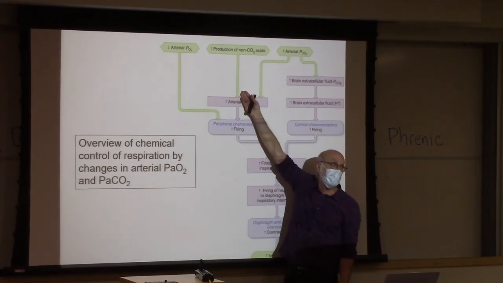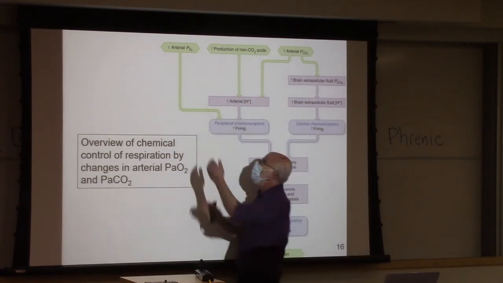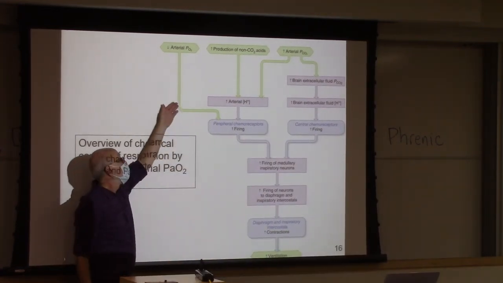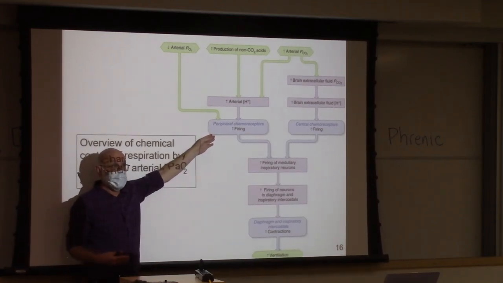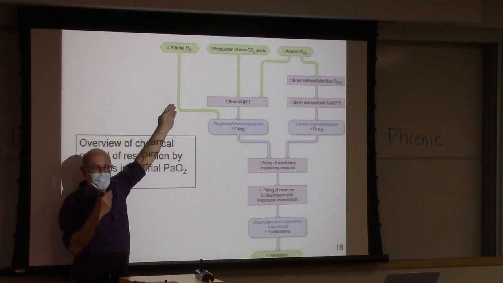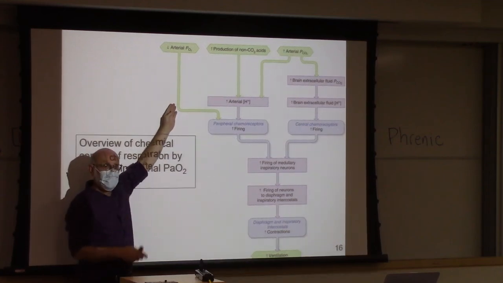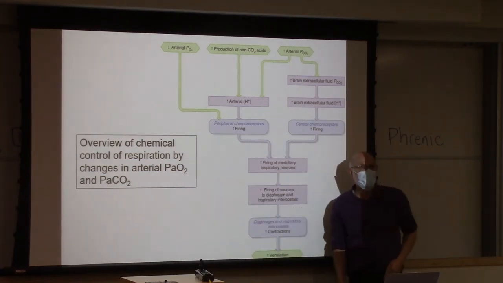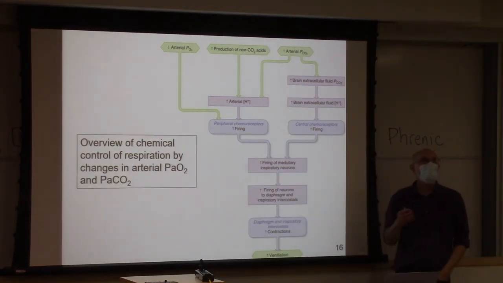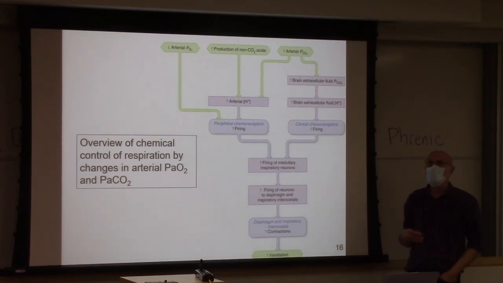So this arrow is kind of boring. This arrow is kind of interesting. The peripheral chemoreceptors, in addition to having acid sensing channels, have an oxygen sensor. The central chemoreceptors don't.